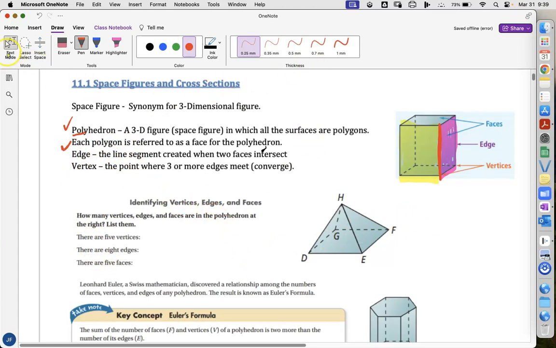Really every solid or dotted line in this image is an edge. It's the intersection of two faces, or essentially, these are planes as they extend forever. The intersection of two planes is always a line. And then the vertex is the point where three or more edges meet or converge. So there's a vertex, vertex, vertex. Same thing on all these. Those are your vertices.